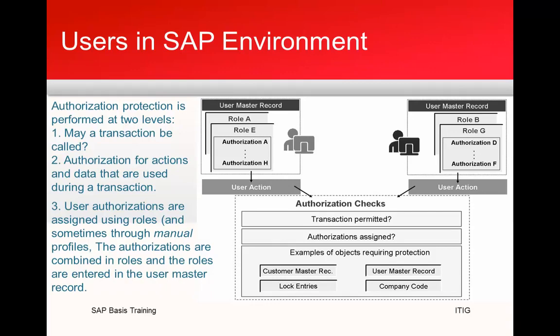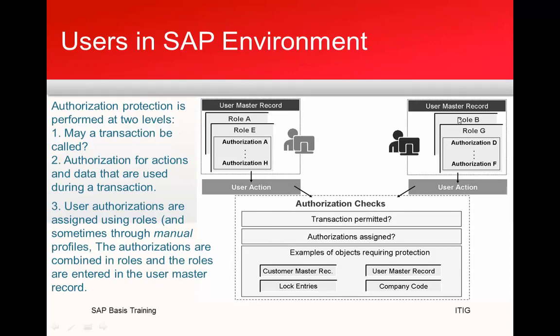Then the third thing is that user authorizations are assigned using roles. The roles are basically where you can club all your authorizations in a role, and they are entered in the user master record. If you see this slide here, it's showing user actions. You have authorization H, A, B, then role E, role A. So this is there in this user's master record.